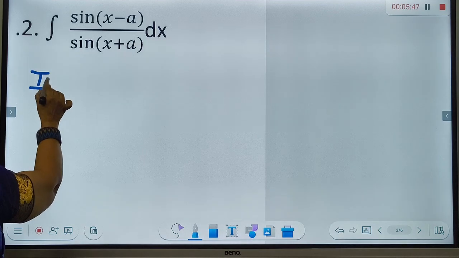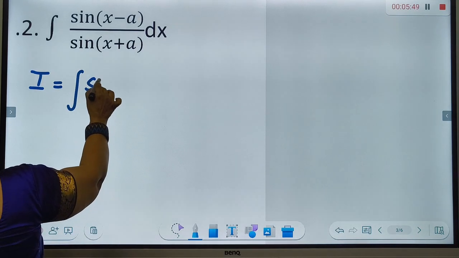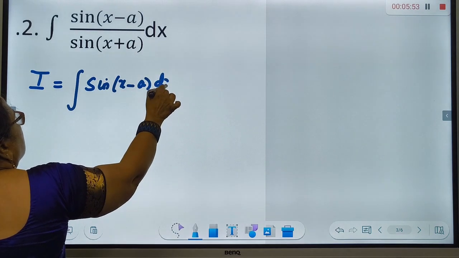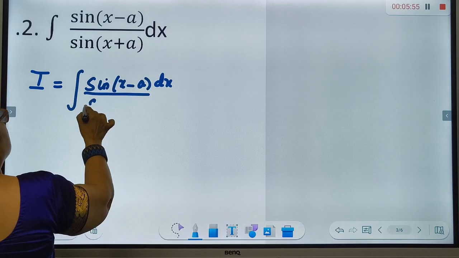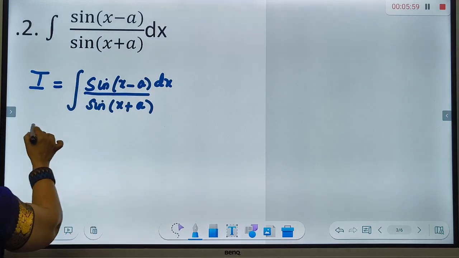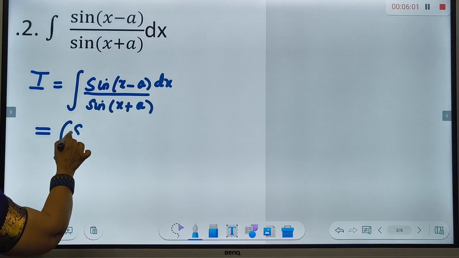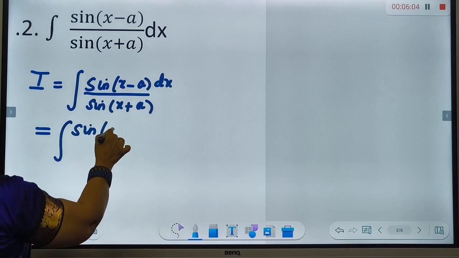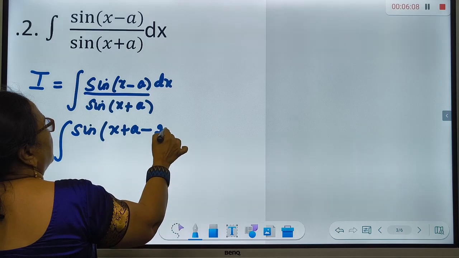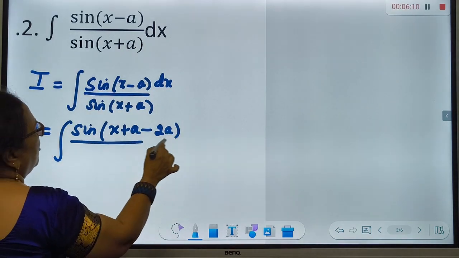Now, I equal to integral of sine of x minus a dx by sine of x plus a. Now, I can rewrite this as sine of x plus a minus 2a, by sine of x plus a.